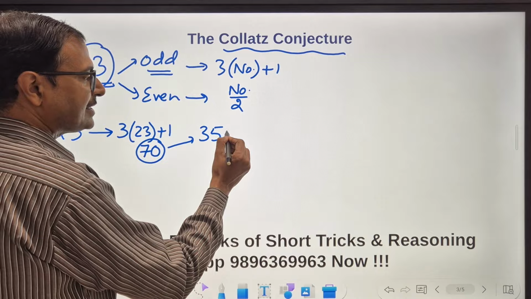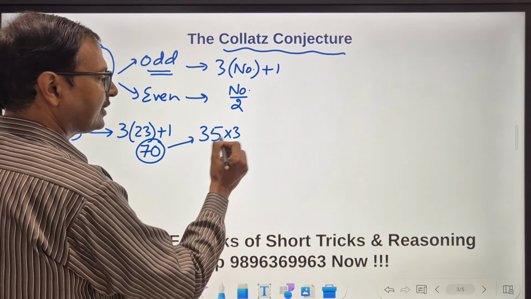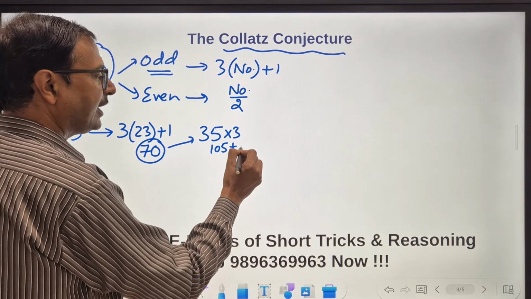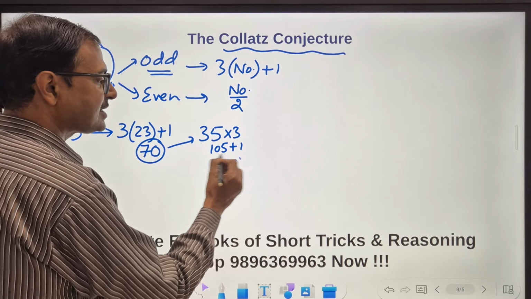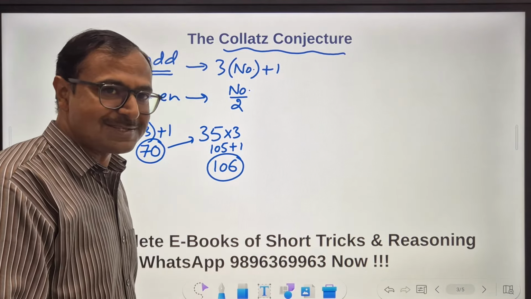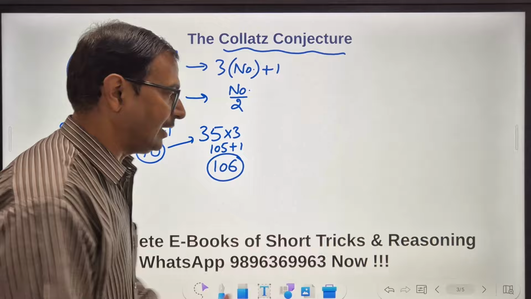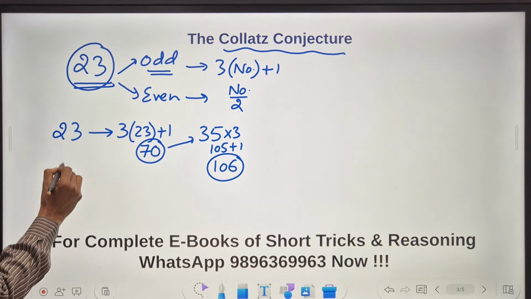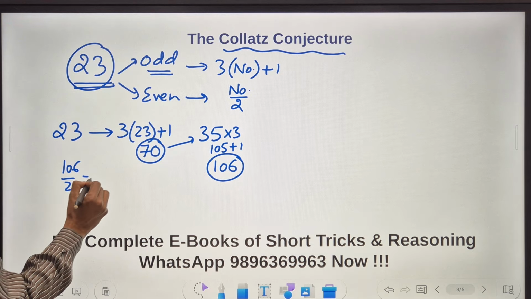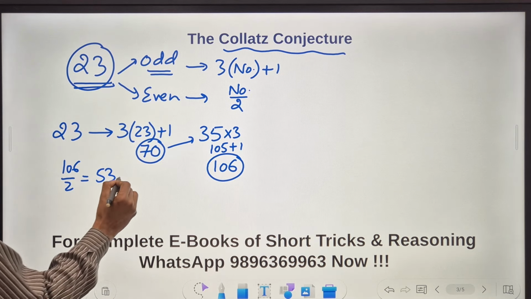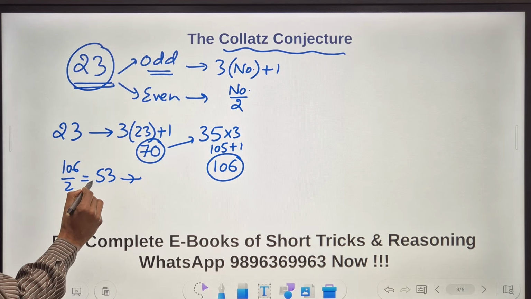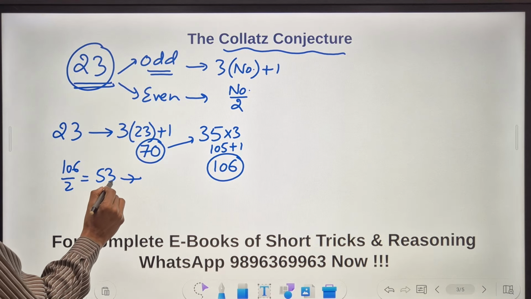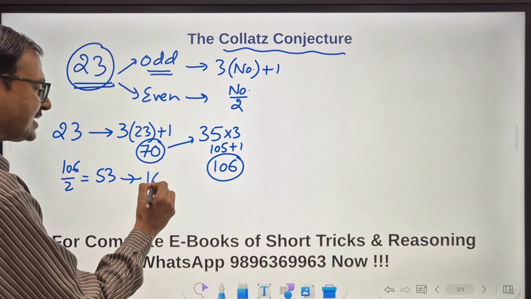I will multiply this by 3, which gets me 105, and then add 1, which gets me 106. Now 106 is even, so I have to keep on repeating this cycle. 106 is even, so 106 divided by 2 gets me 53, and then 53 is odd. So triple of this is 159 plus 1, 160.